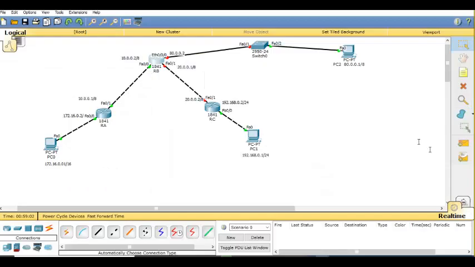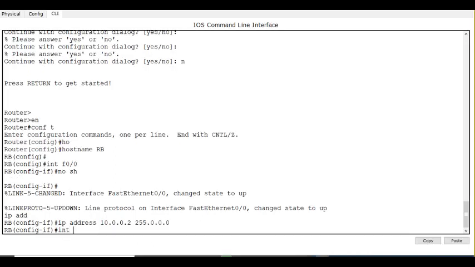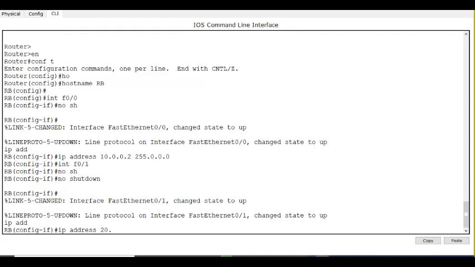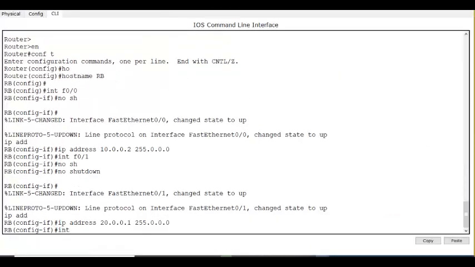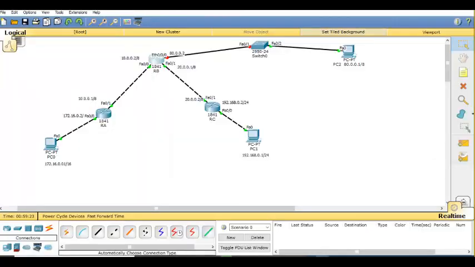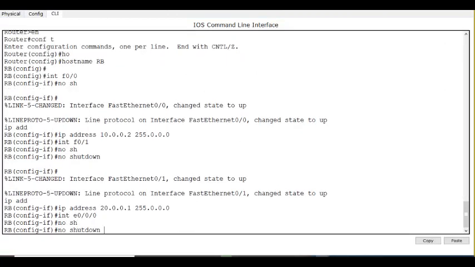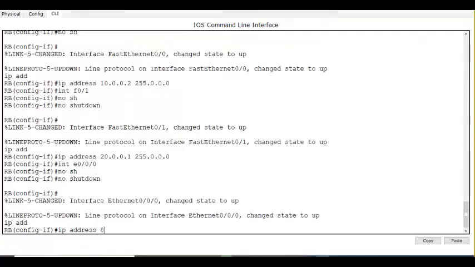All the configuration got erased, so I'm doing it. Don't think I'm doing something new, I'm just doing what you did. Okay, this is a new thing I'm adding. Ethernet 0/0/0, that's the name of the interface.